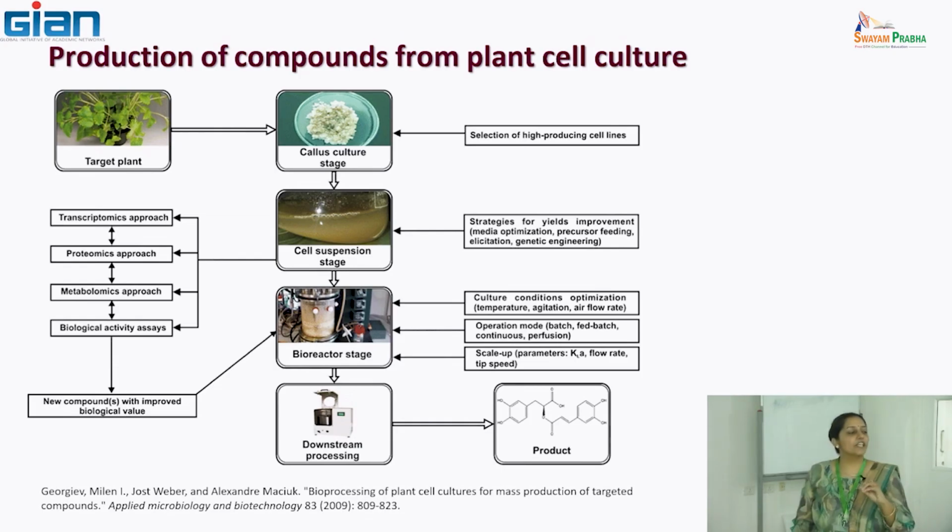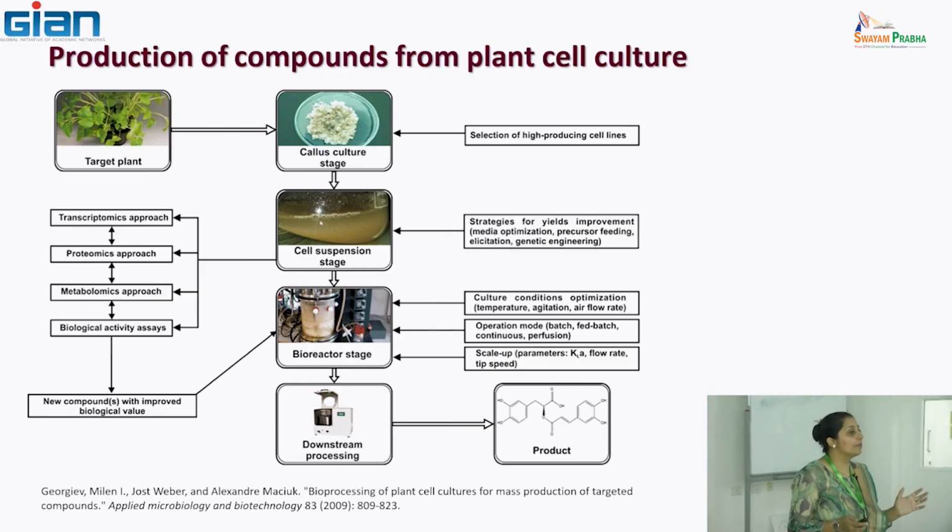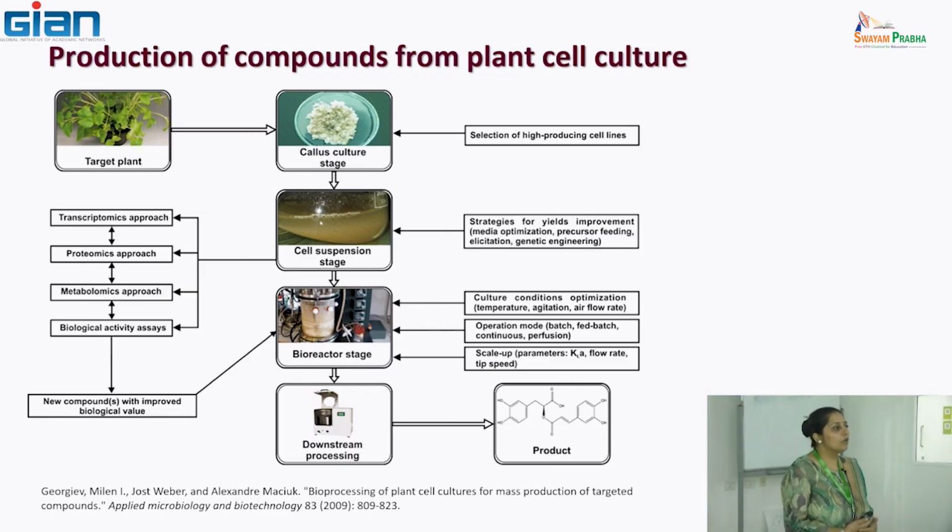Now, it is at this stage also where you generate a lot of data. You can do transcriptome analysis. You will do all multi-omics here, which will give you a lot of information on that cell line, and what happens in the absence and presence of an inducer. So suppose you are trying to decipher a biosynthetic pathway, like for example, what Professor Nathley was mentioning.